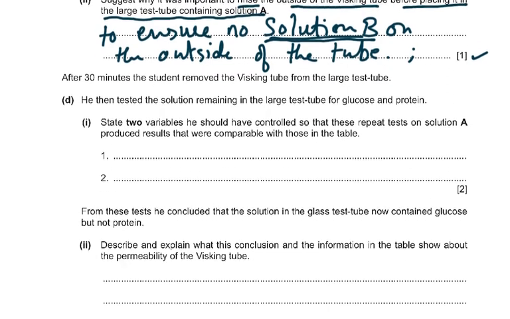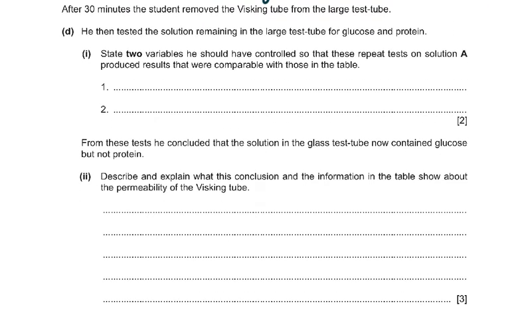After 30 minutes, the student removed the whisking tubing from the large test tube. He then tested the solution remaining in the large test tube for glucose and protein. State two variables you should have controlled so that these repeat tests on solution A produce results that were comparable with those in the table. Naturally, same temperature for the Benedict's, same time in the hot water, same volume of Benedict's, and the same concentration of Benedict's.